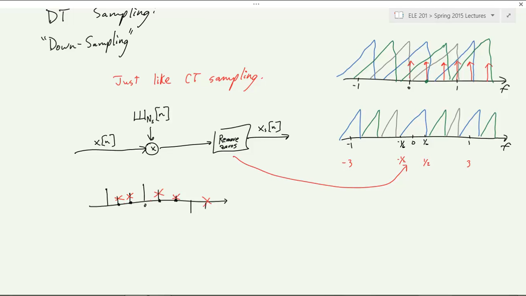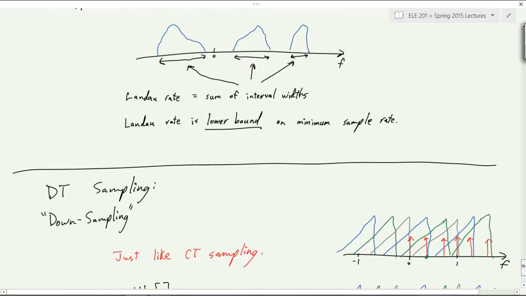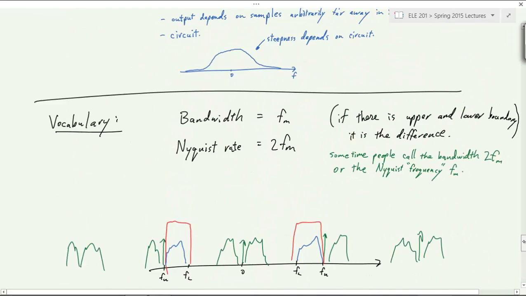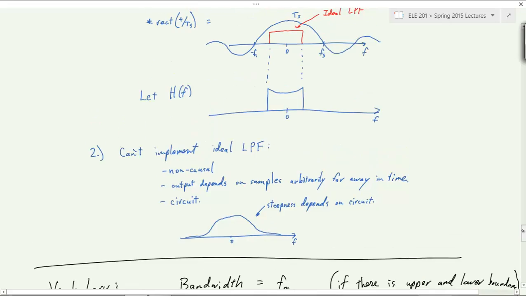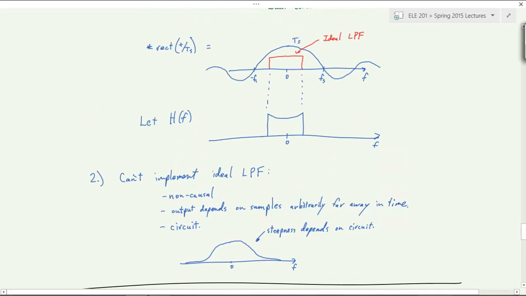Another reason would be, going back to the reconstruction in continuous time, that sometimes in order to ease the process of designing this low-pass filter, you might want to work with a higher sample rate. So what you would do is in discrete time, you'd get down to the sample rate of your actual signal, based on the bandwidth of your signal.